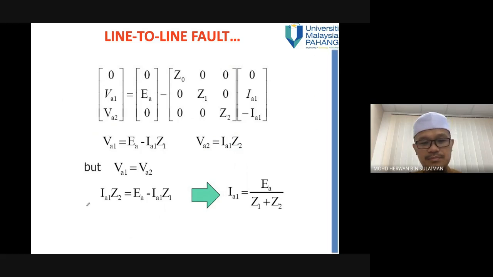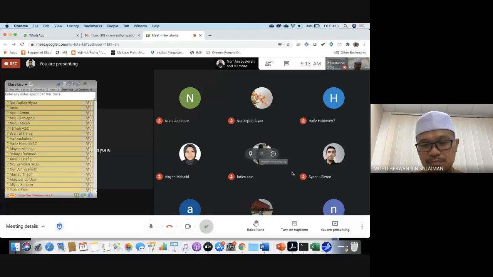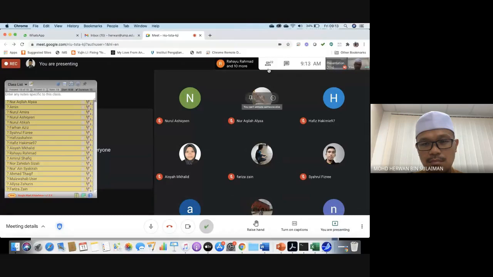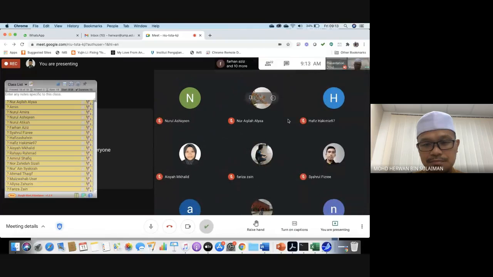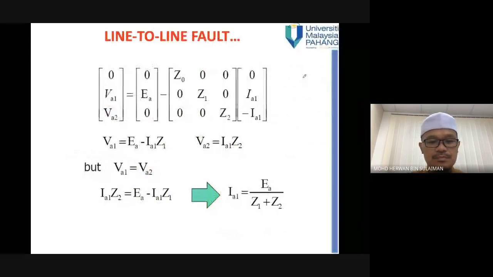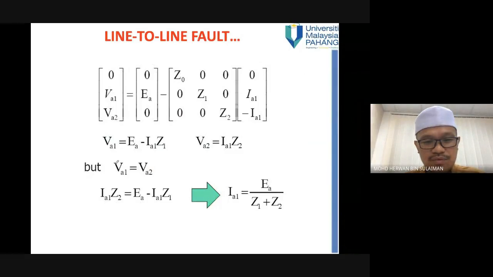Okay, but this one is just rewritten again. We write again the equation. But we know that our VA1 is equal to VA2. So you just change the value here. VA1 and VA2 are similar, so this one equals this one.